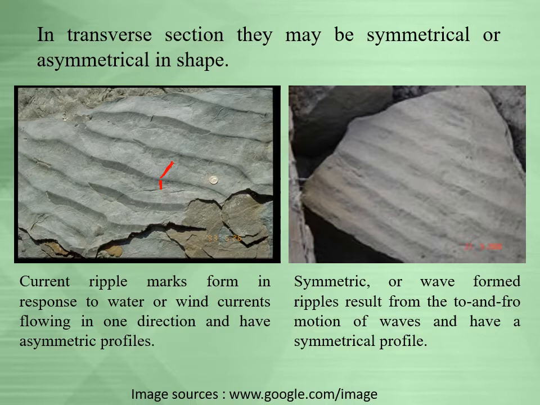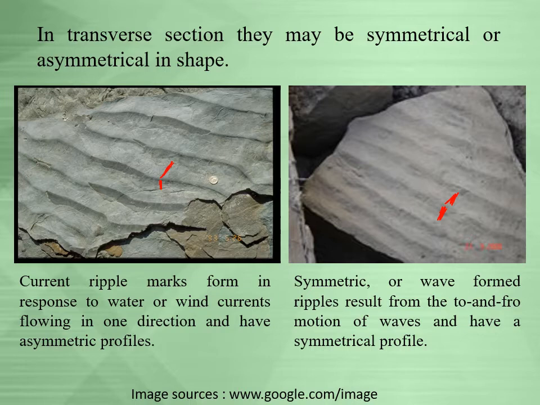In contrast, in symmetrical ripple marks the length of the stoss side and the lee side is almost equal, although in nature there are some variations. In the right hand picture you can see this length is almost equal to this length.